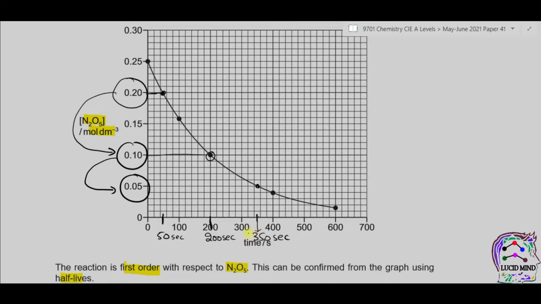Now we can find the difference between these. From 50 to 200, the difference is 150 seconds. From 200 to 350, again the difference is 150 seconds. Now we can see that the time is the same for each half-life, so therefore this reaction is a first order reaction.